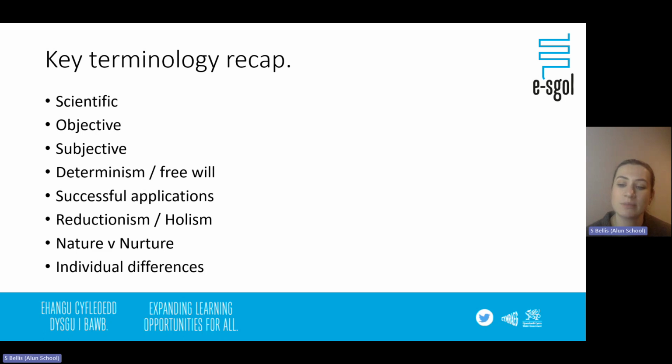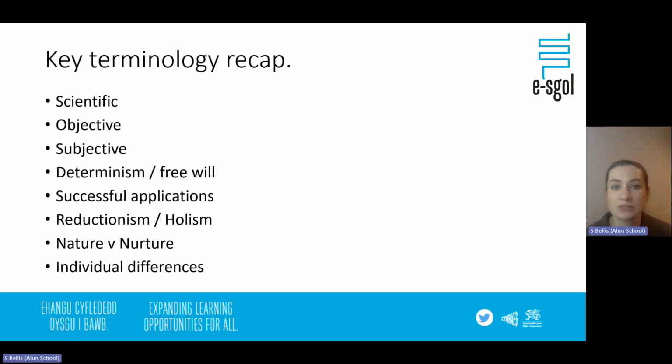So it reduces it down to something small. Whereas we know actually there's quite a lot of different things that influence our behaviour, and can make us behave in certain ways. So it's a negative of the biological approach, but a really, really good word and key term to use in your answers. Then you've got holism, or if something's holistic.